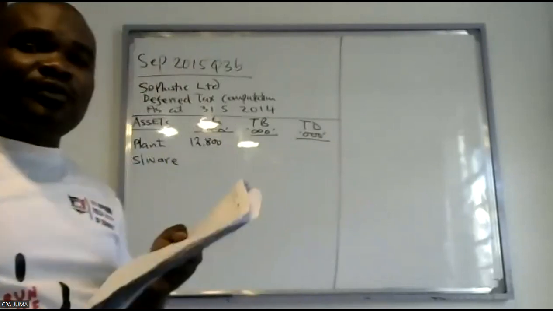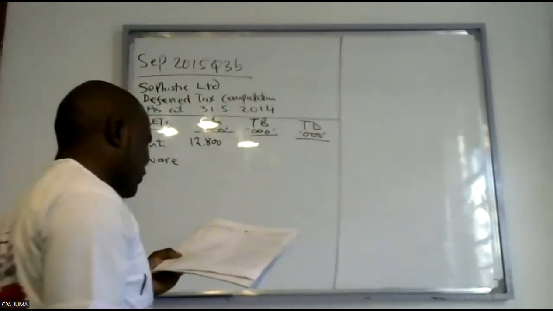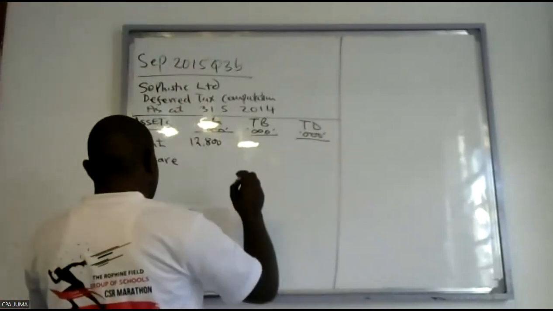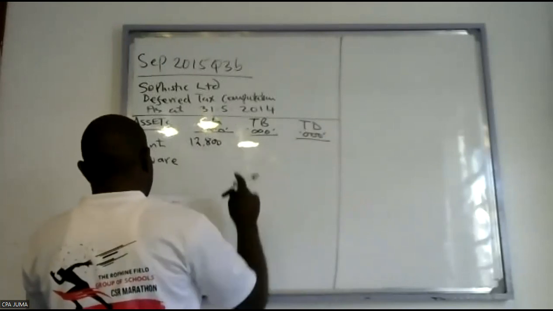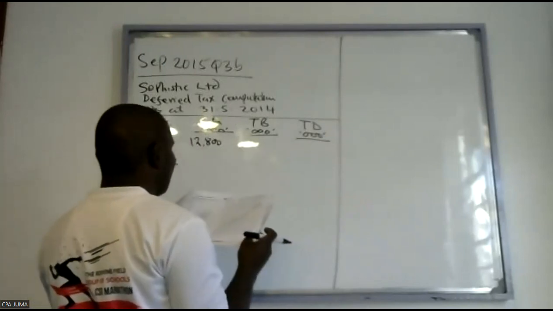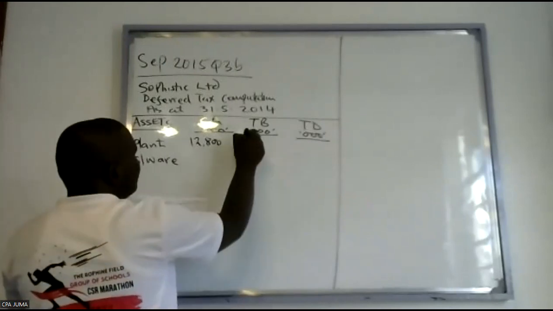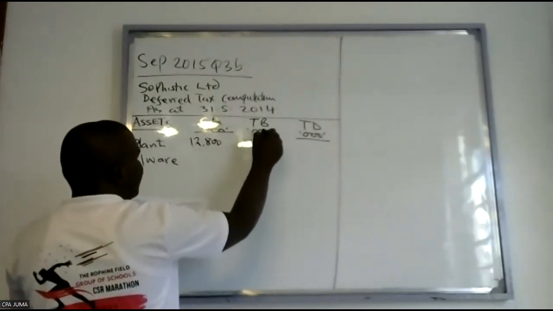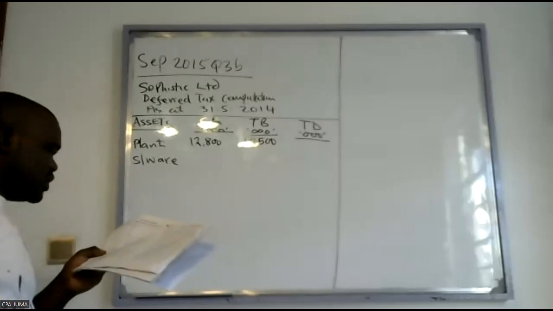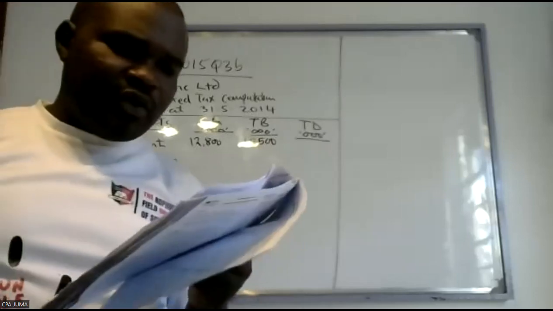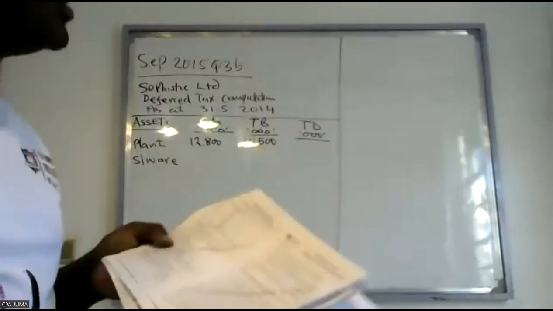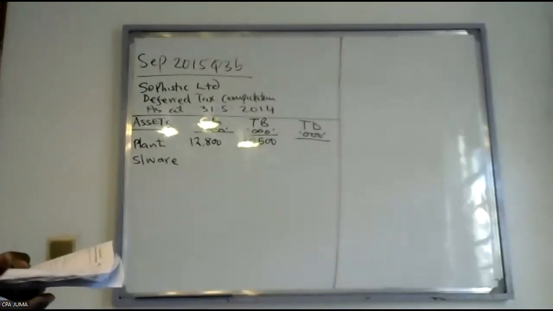We were given 18,500, if you can check. So for tax purposes, you will take 18,500 for plant. The tax written down value, 18,500. That is what you consider for taxation.